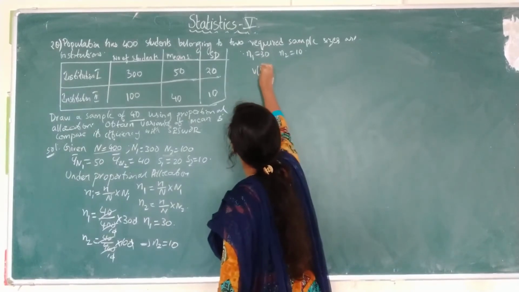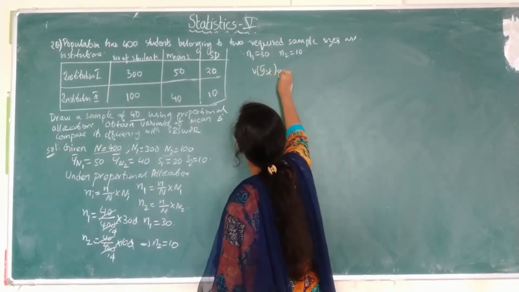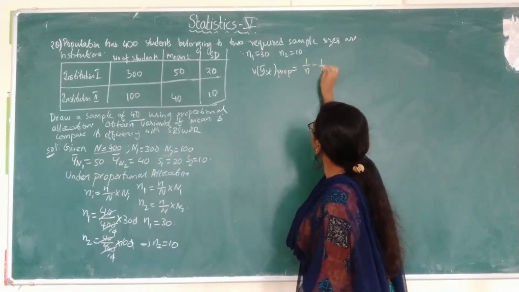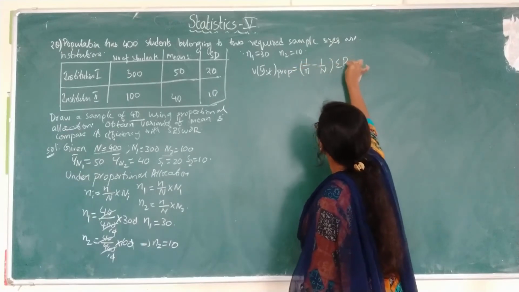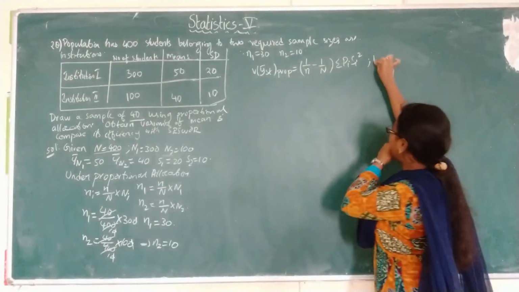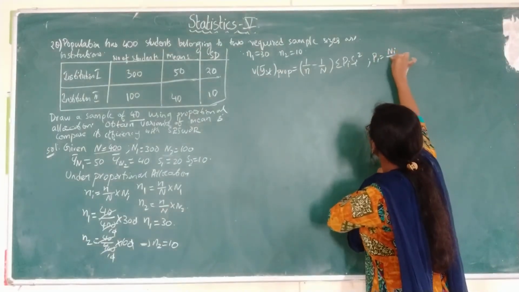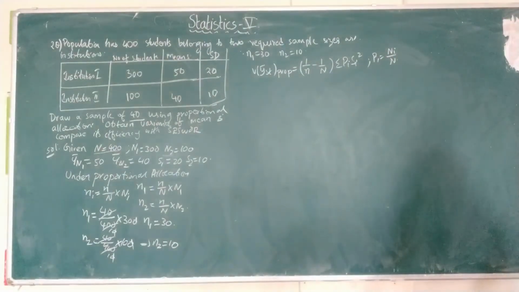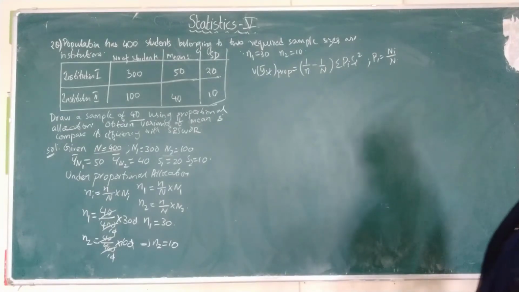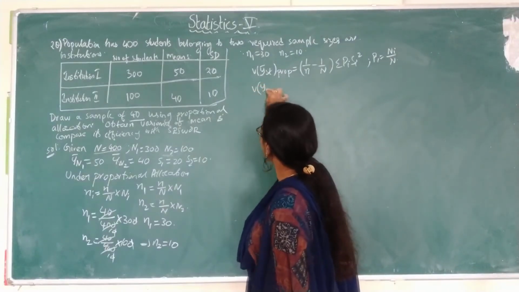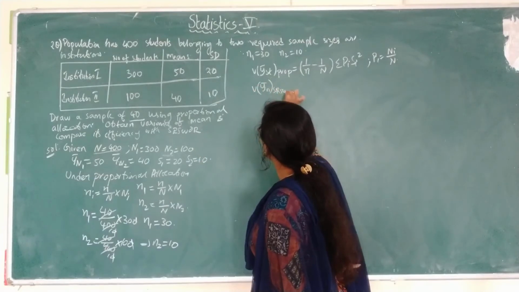The variance of y bar st under proportional allocation is 1 by n minus 1 by capital N into summation Pi Si square, where Pi equals Ni by N. We have the n values, capital N values, and the Si values, so we can get the variance under proportional allocation easily.